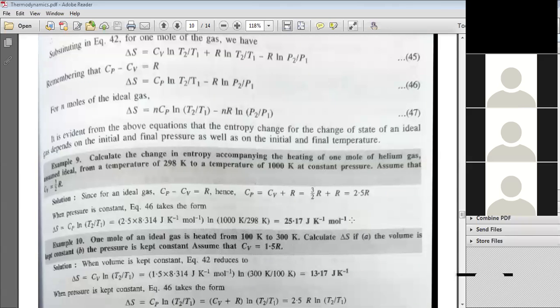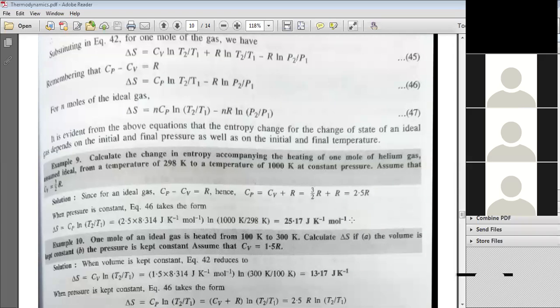Then the entropy change will be nCp ln T2 by T1 only. Do you agree with me? Because at constant pressure, the second term contribution will be 0. We will have only the first term contribution towards entropy change, equal to nCp ln T2 by T1. For 1 mole, definitely n will be 1, so Cp ln T2 by T1.